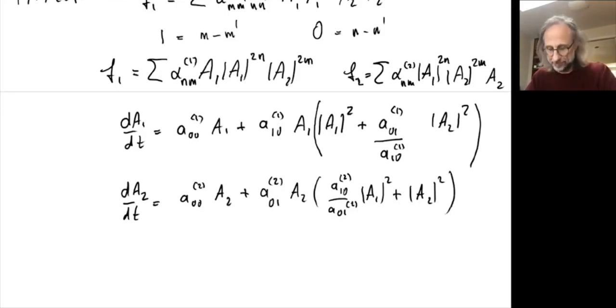Okay, good. Two cubic equations. That's what we got from translation symmetries, right? So we got rid of a whole bunch of coefficients that way, or a whole bunch of terms.